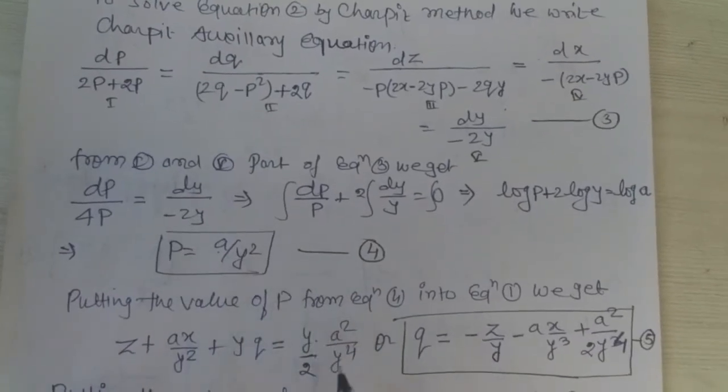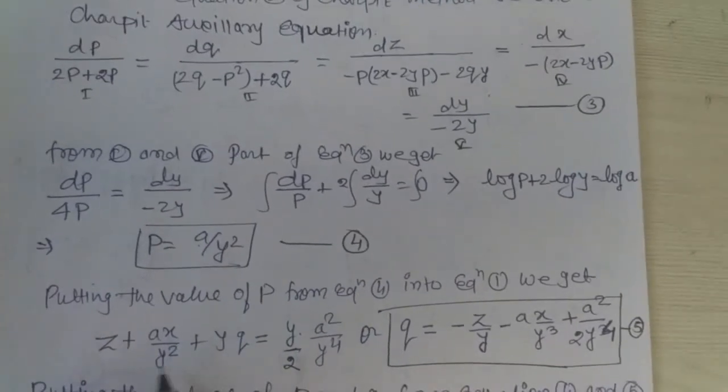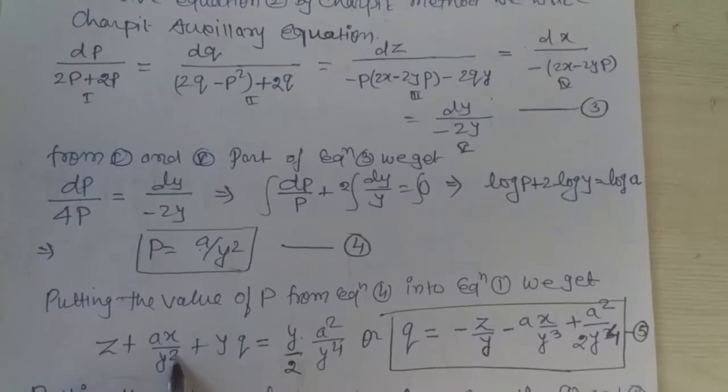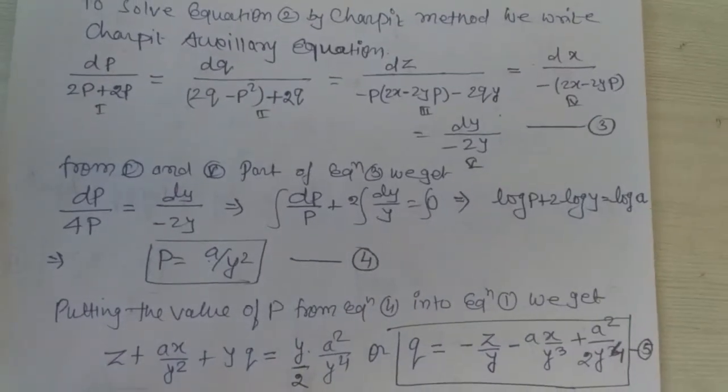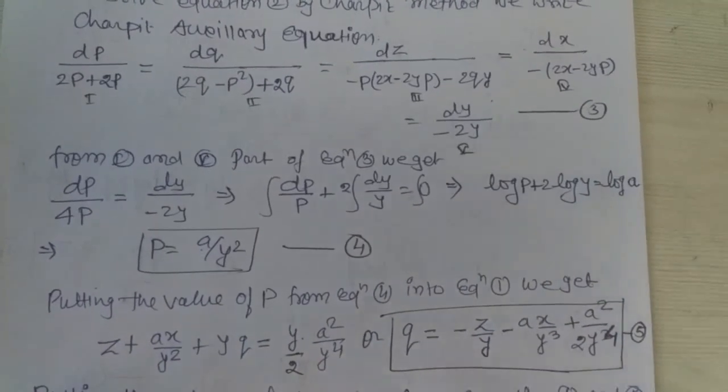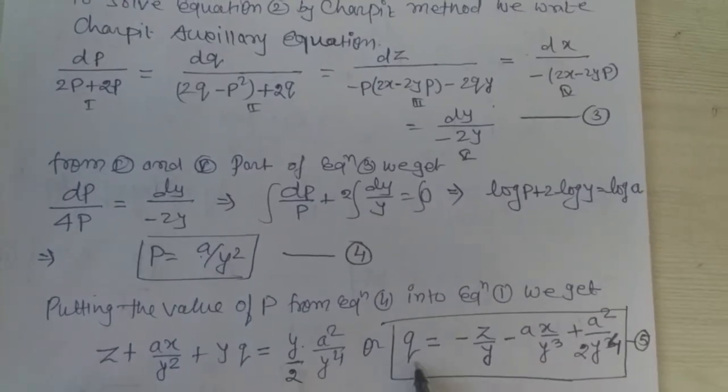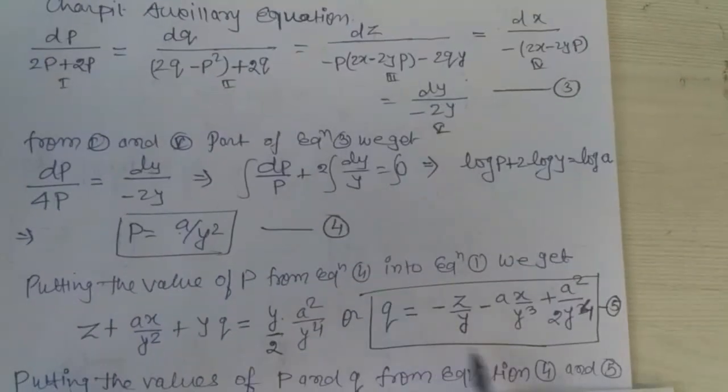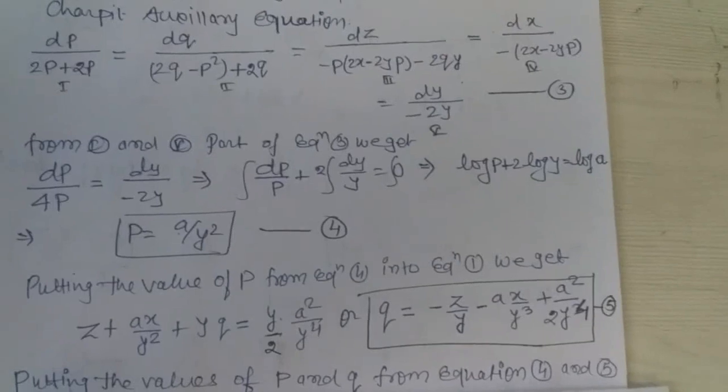P square is a square by y to the power 4. Now transfer these two terms to the right hand side and divide by y. We get the value of q, which is a function of x, y, z.